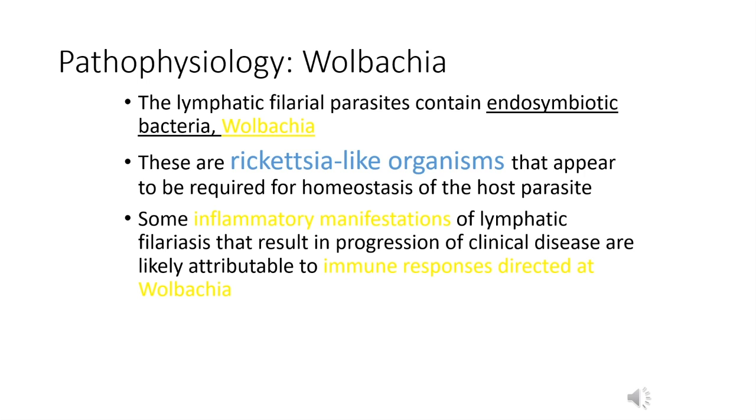Hence the physical presence of the worms there with the inflammation that they produce will result in obstruction that results in lymphedema and chronic lymphadenitis and lymphangitis that will result in elephantiasis. So the inflammation in there, where the bacteria Wolbachia is instrumental in producing that inflammation.